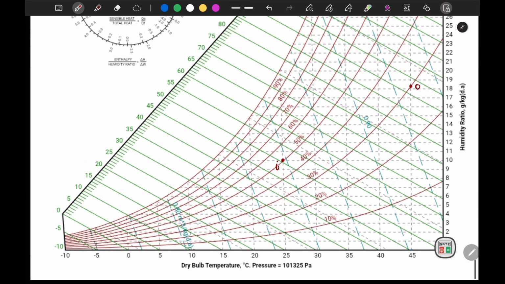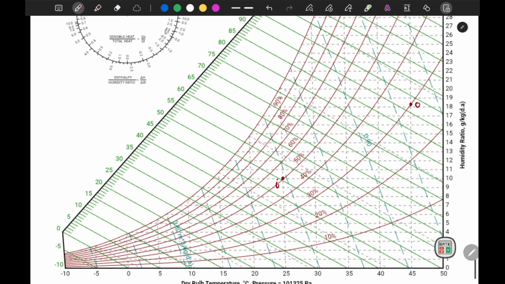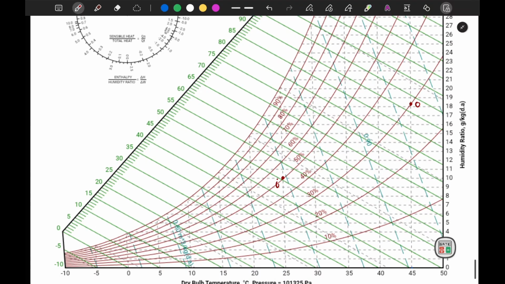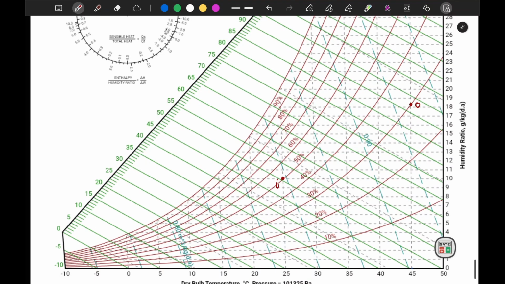Now when we are mixing both, they will align, so we will draw a line from here to here. This indicates our inlet of outside air and presence of inside air. They will converge at some point 1.